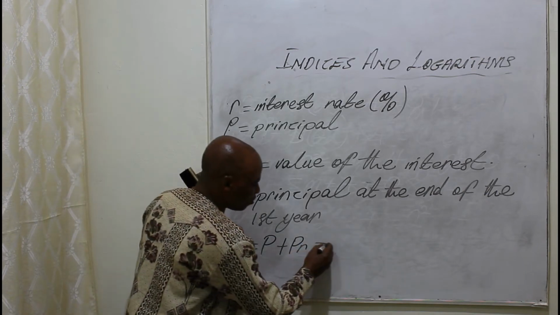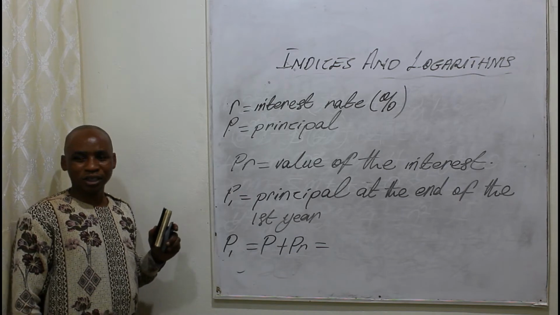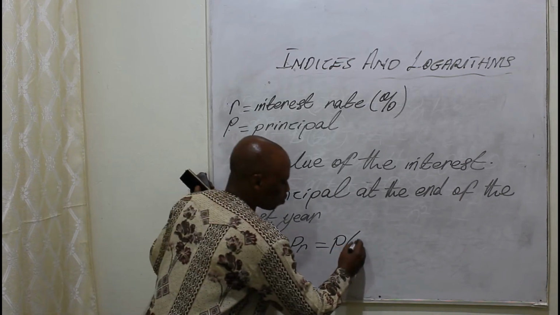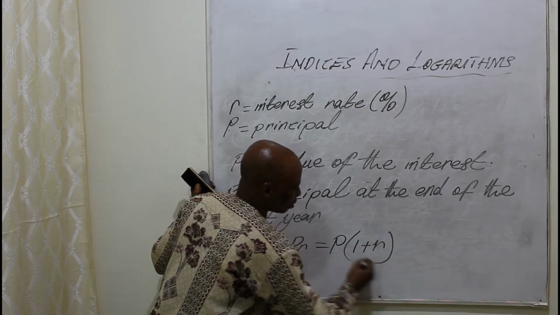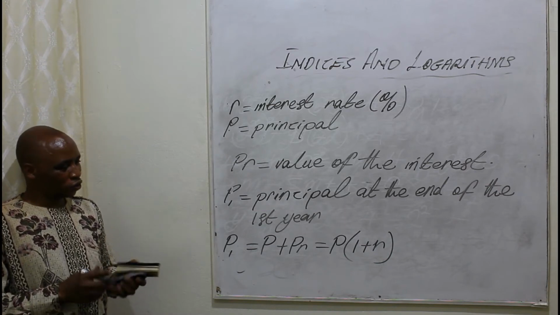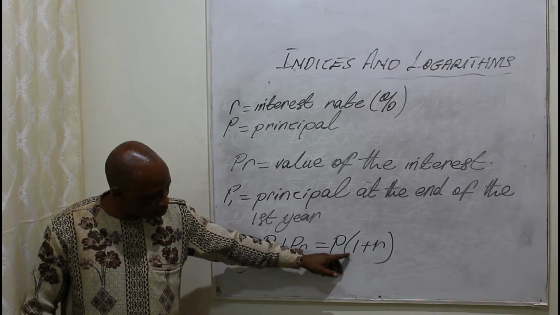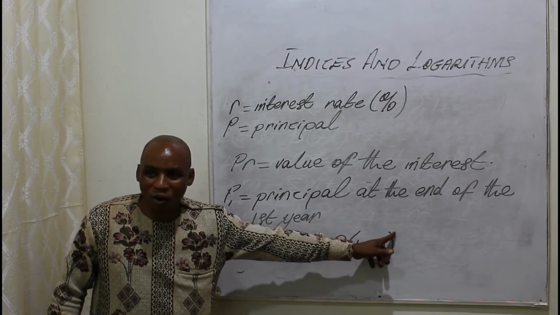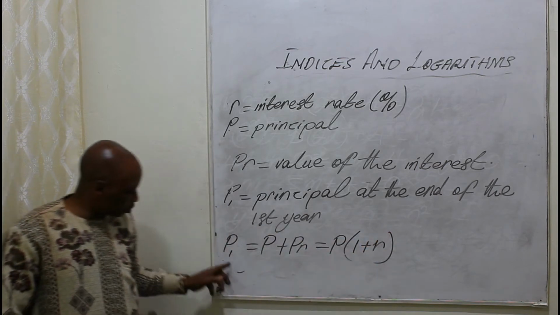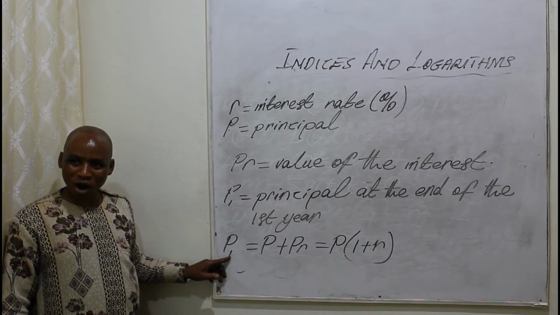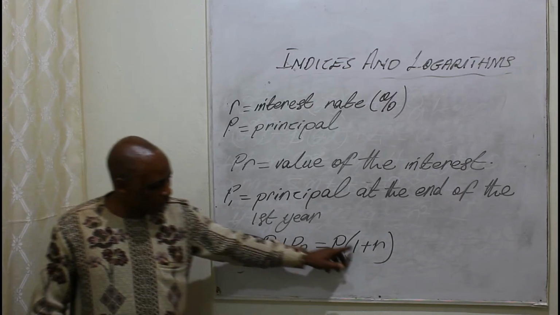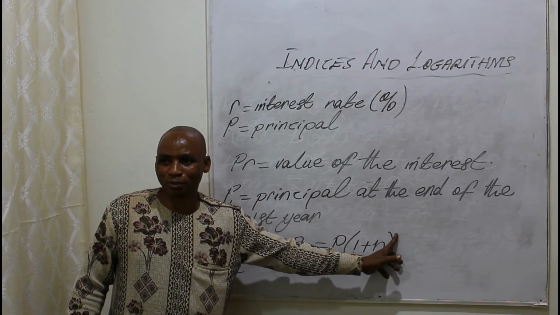Then when we factorize out P, we end up getting P into bracket 1 plus R. So you note that what is inside the bracket is raised to the power 1. And the exponent 1 corresponds with the number of years. So for the first year, it is 1 plus R raised to the first year power.